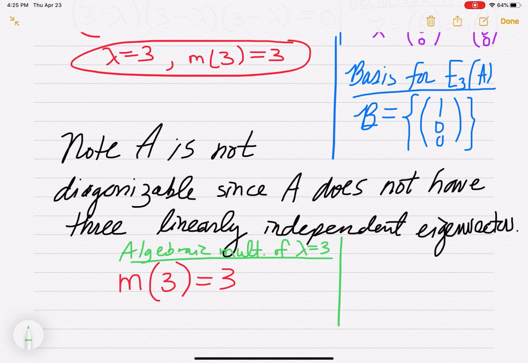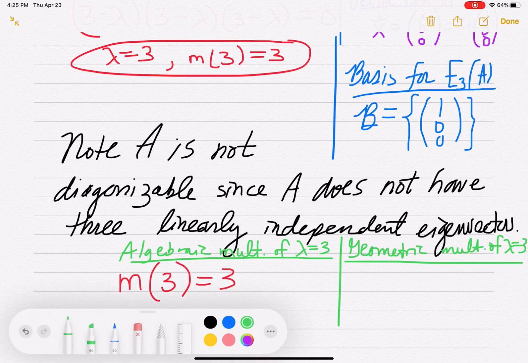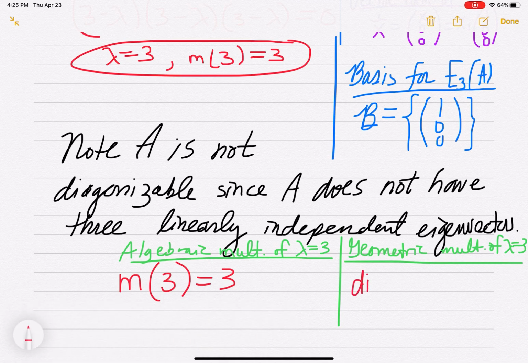Then there's something called the geometric multiplicity of lambda equals 3. And this is actually defined to be the dimension of the eigenspace of 3.